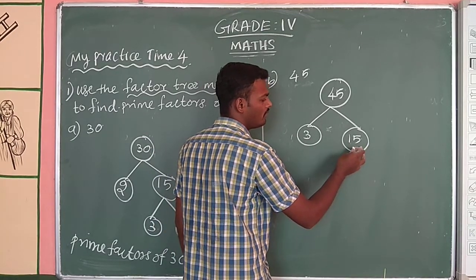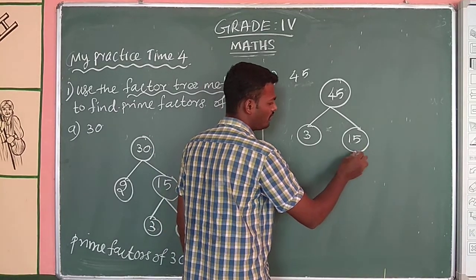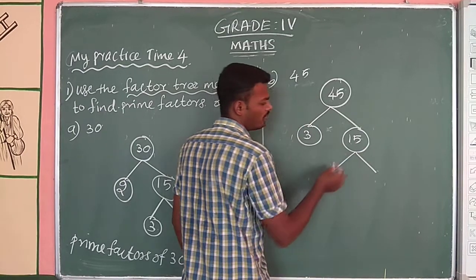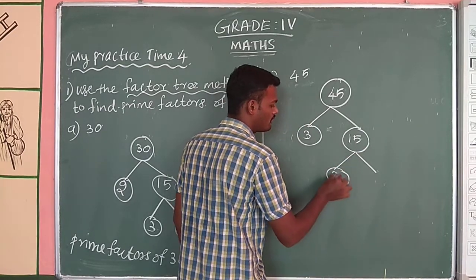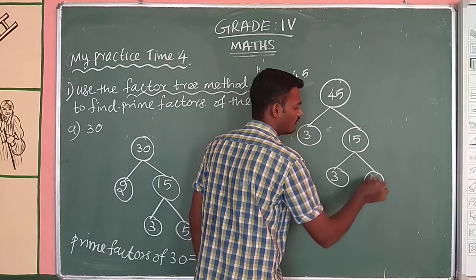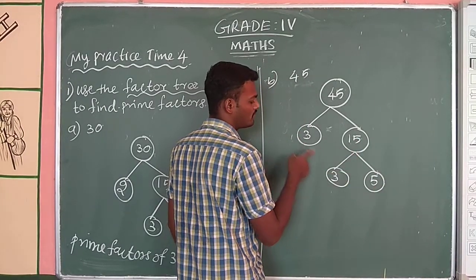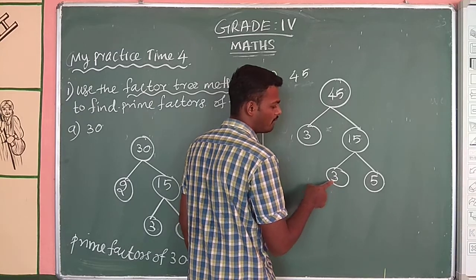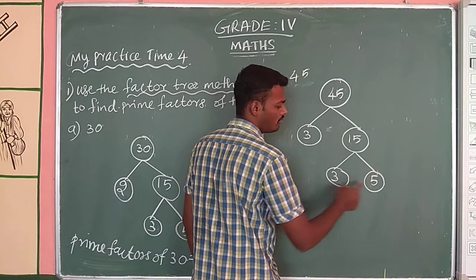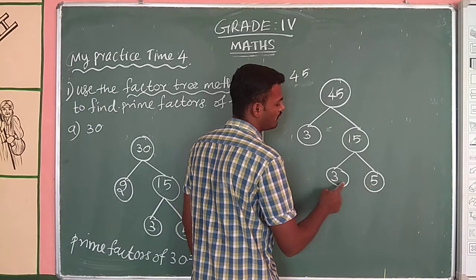Next one, 15. Split 15 into two parts. One is 3 into 5. 3 into 5 is 15. So 3 is a prime number, 5 is a prime number. So this is over in tree method.